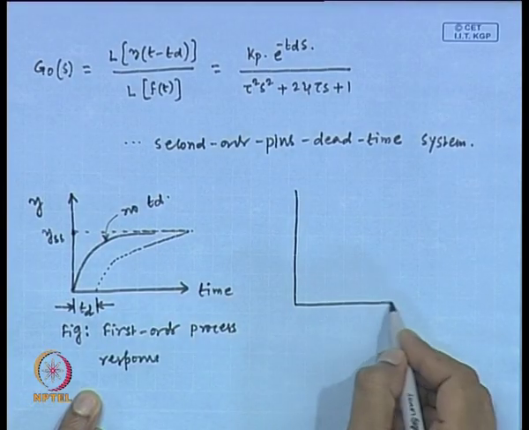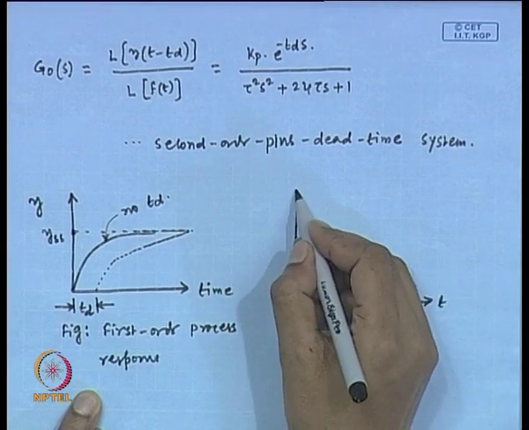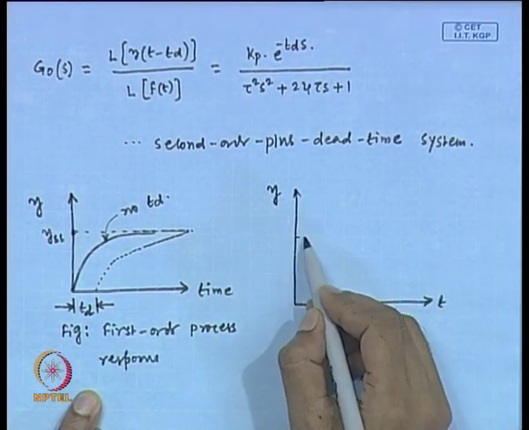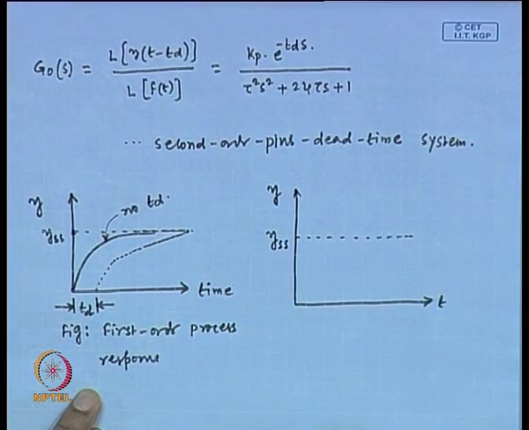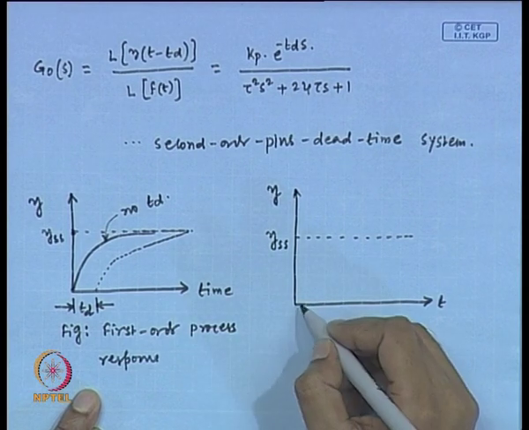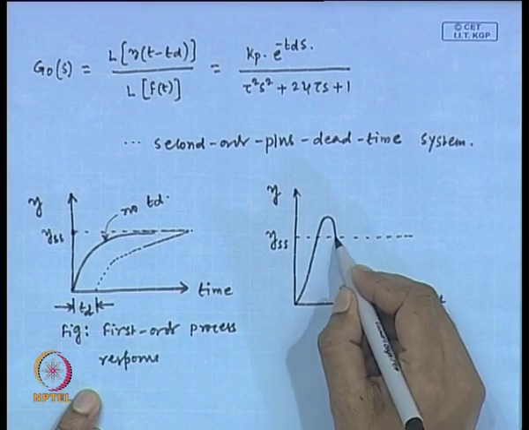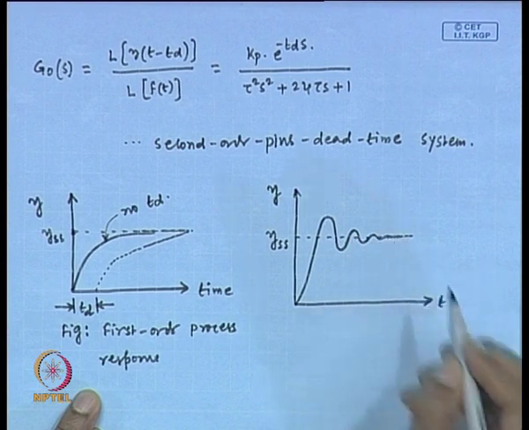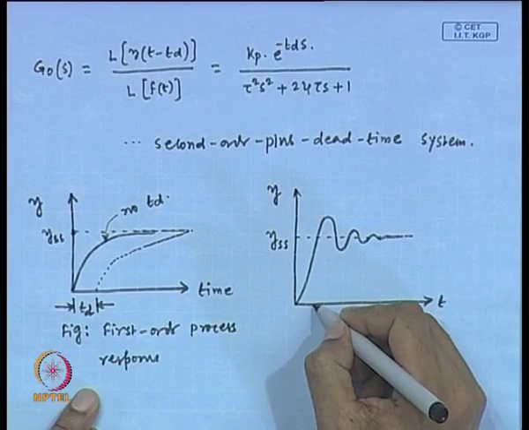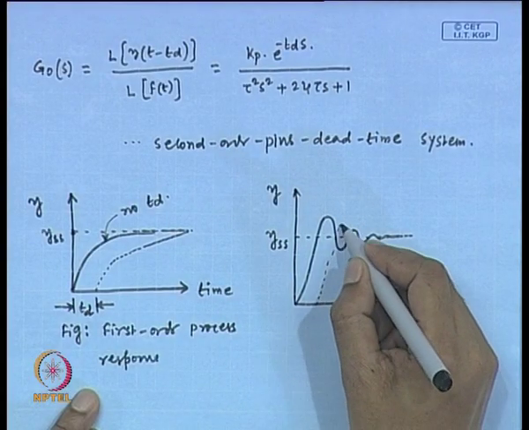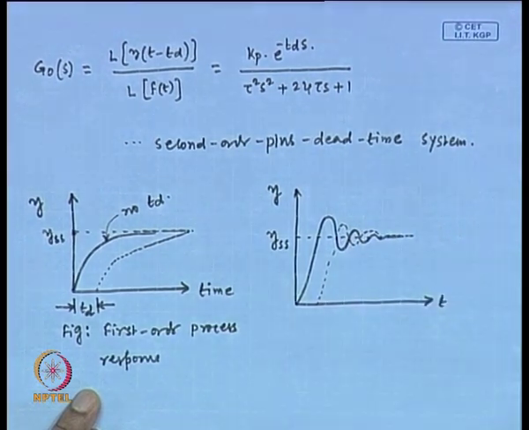Similarly, if we consider the second order system, this is time, this is y. This value is the steady state value of y. Then for the second order system, we get this type of response. Definitely this is the second order underdamped response when zeta is less than 1. If there is dead time, then the response is like this.